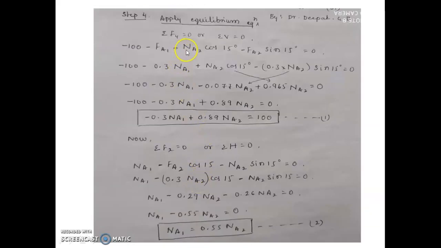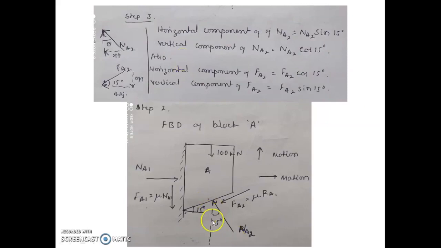Next is Na2 cos 15. Since Na2 is inclined at an angle of 15 degrees, the vertical component is positive. We can see this is Na2, it is acting upward, and if I resolve it, it will become cos 15.